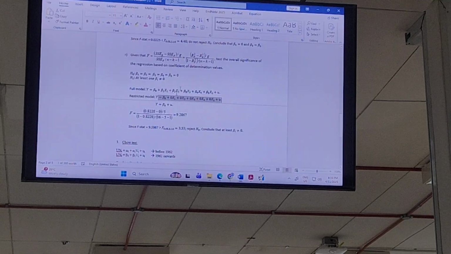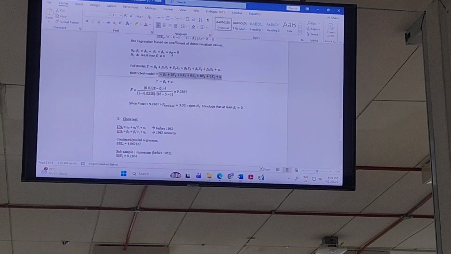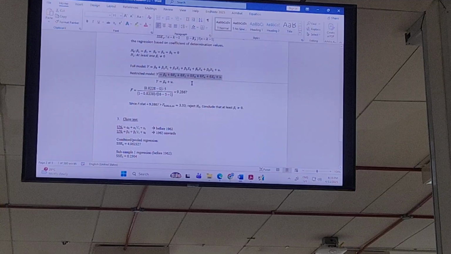As given here, if they say the null is true, all equal to 0, then you only have an intercept because all slopes are 0. So if you only have an intercept, then your R square equals 0. Because remember, what does R square represent? R square represents how much of the variation in Y, the dependent variable, can be explained by your X. If you don't have X to explain Y, then the model cannot explain the variation, so it's just 0.